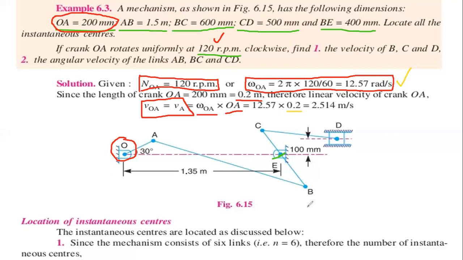In total we got the value as 2.514 meters per second. So the velocity of OA is 2.514 meters per second.